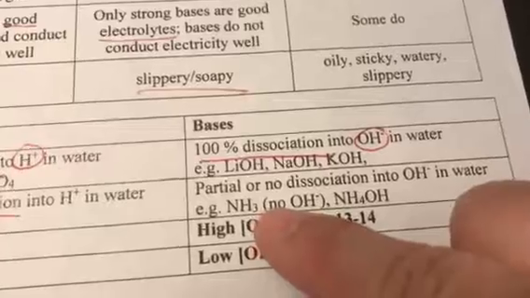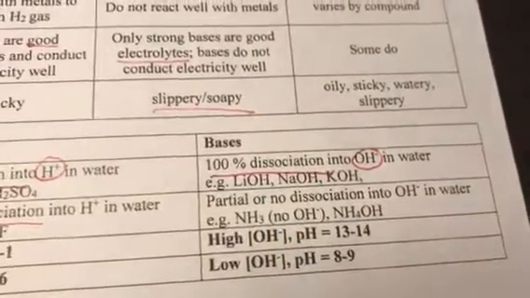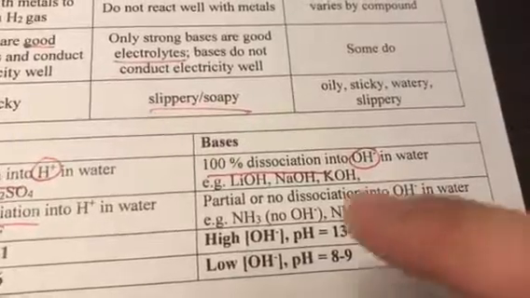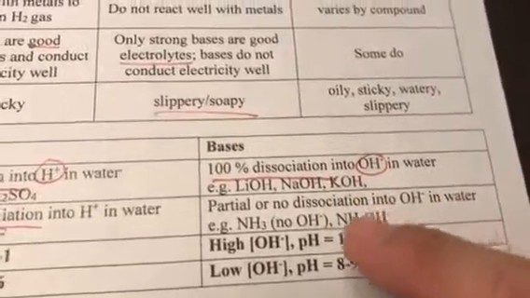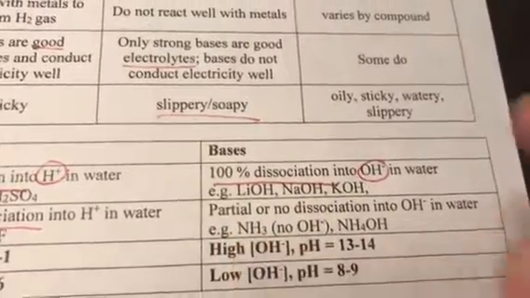NH3 is also a base, but NH3 does not have hydroxide. So how can I define a compound that is a base but does not have OH minus, such as ammonia, NH3? So then scientists gave another new definition of acid and base to replace these two.